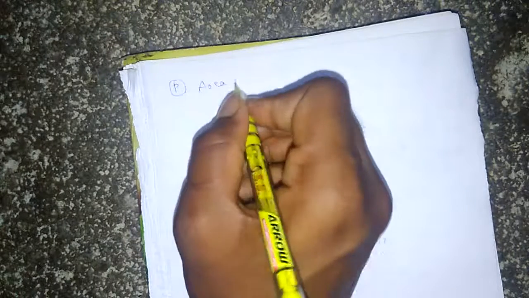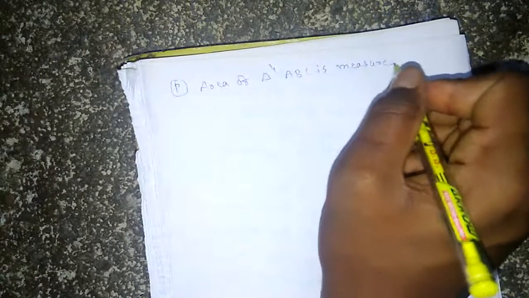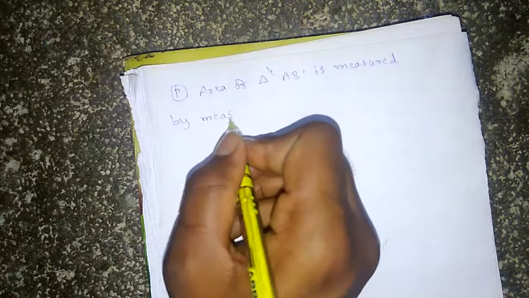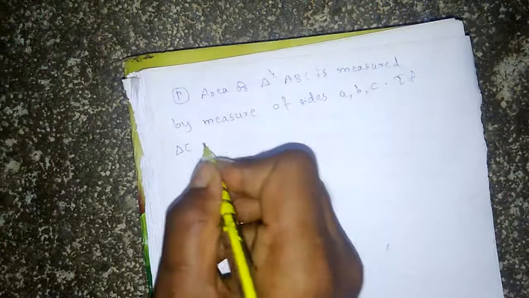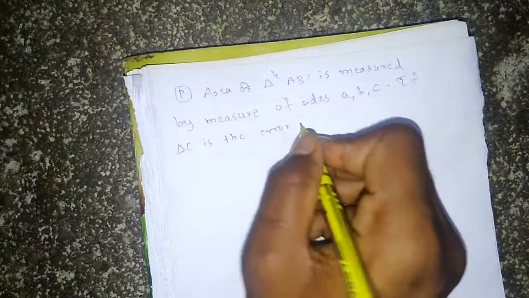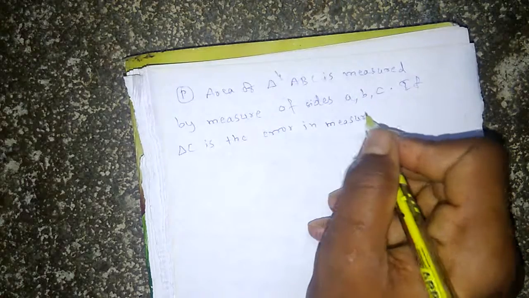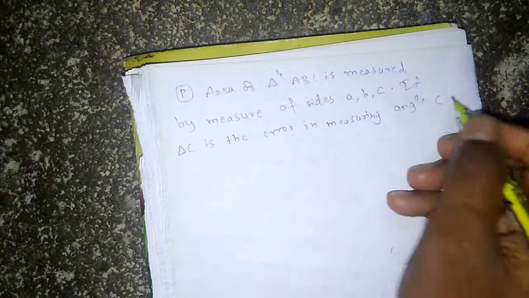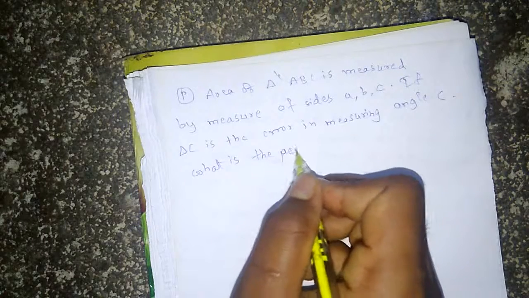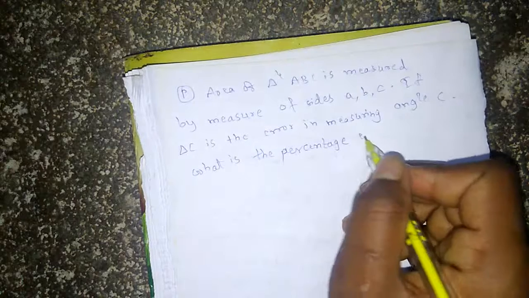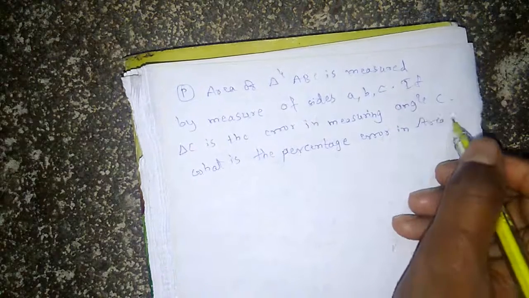Our next problem is, area of triangle ABC is measured by the measure of its sides a, b, c, and if delta C is the error in measuring the angle C. What is the percentage error in area of the triangle?